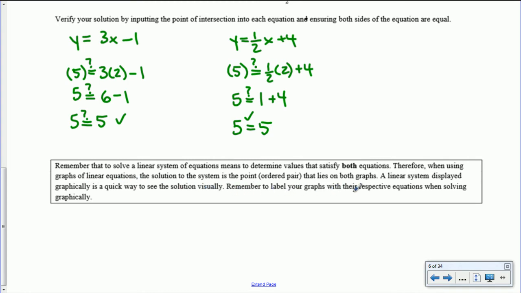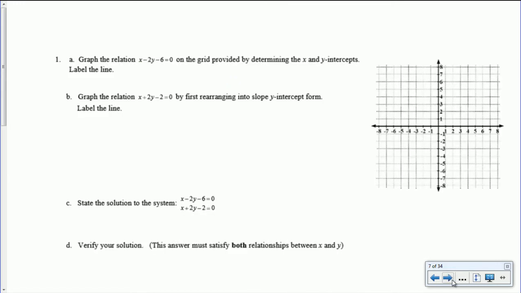Remember to label your graphs with their respective equations when solving graphically. So the intersection is the solution. So with the system of linear equations, the intersection is the solution.